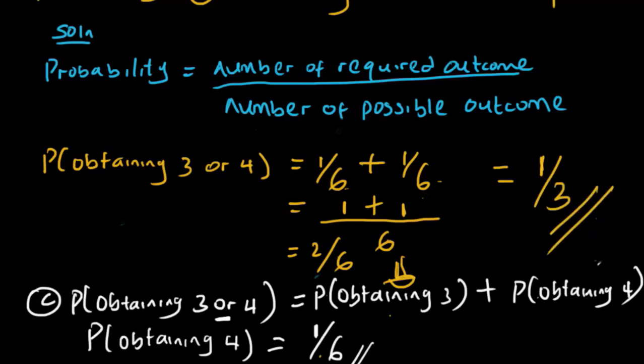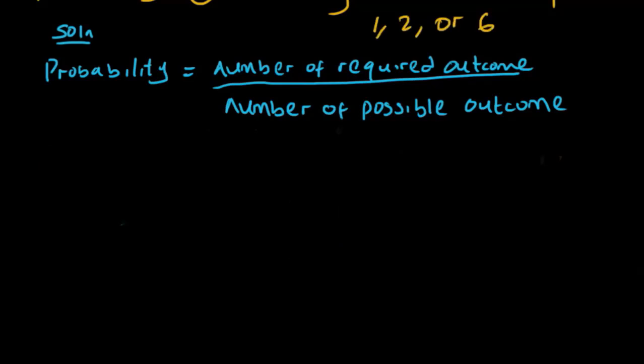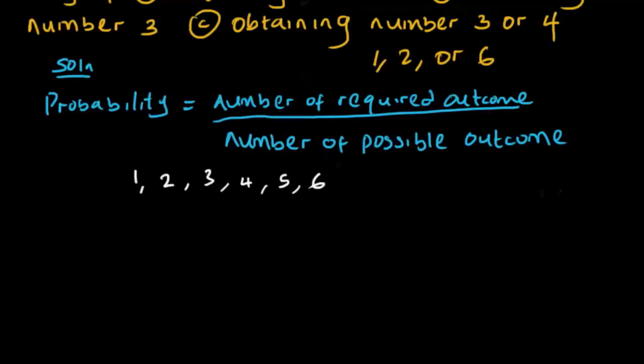Now lastly, let's try to find the probability of obtaining 1, 2, or 6. So can we do that? Now don't forget the possible outcomes. 1, 2, 3, 4, 5, 6. Now remember, we've gotten probability of obtaining 1 as 1 over 6.